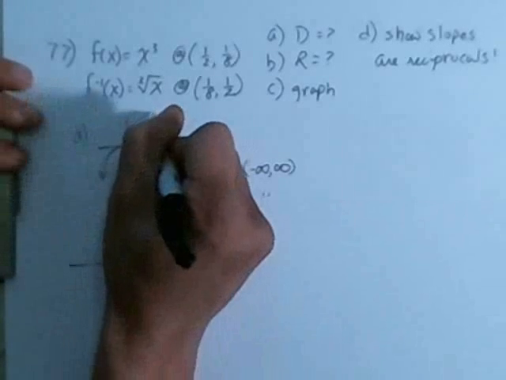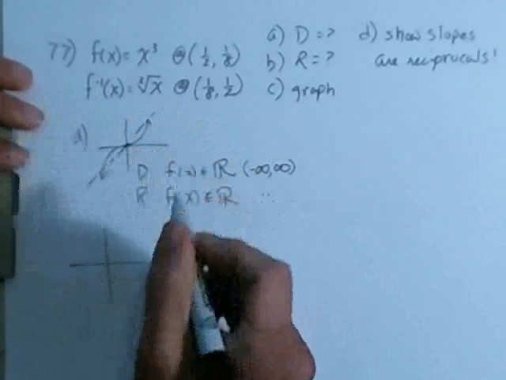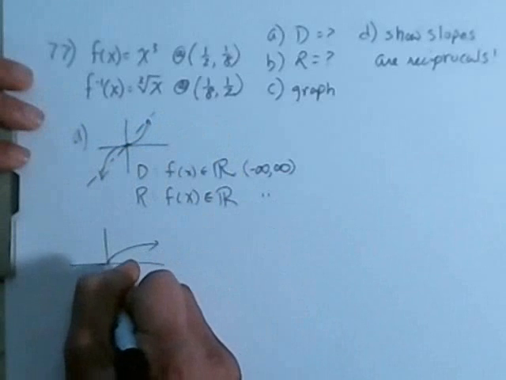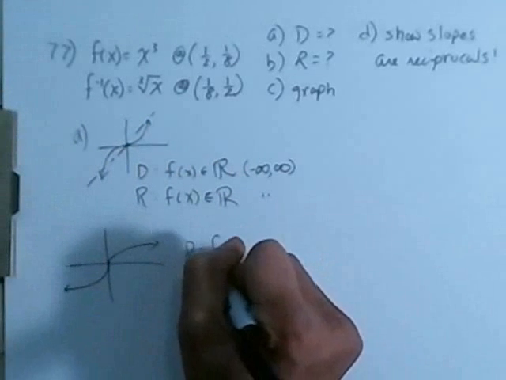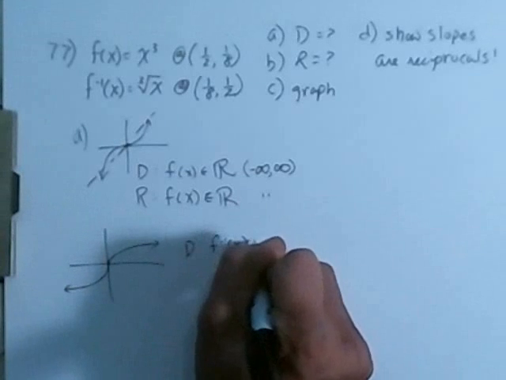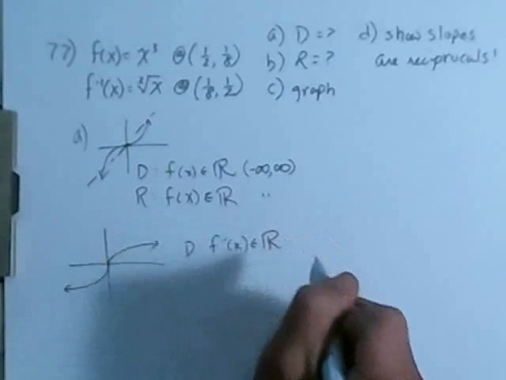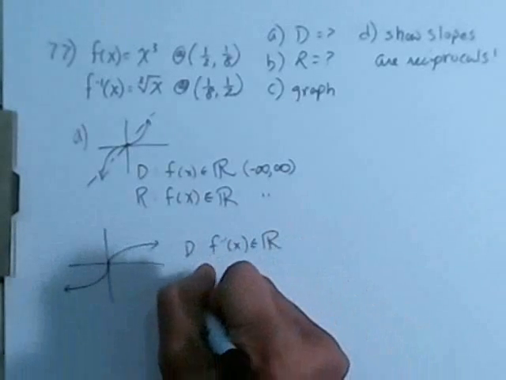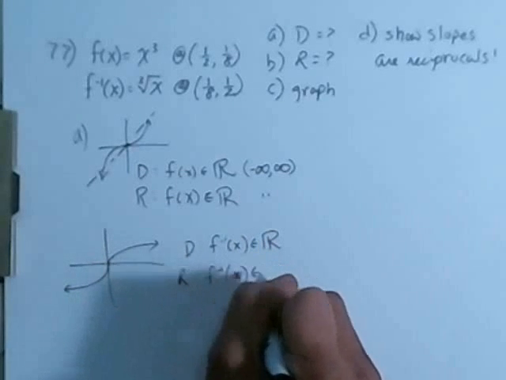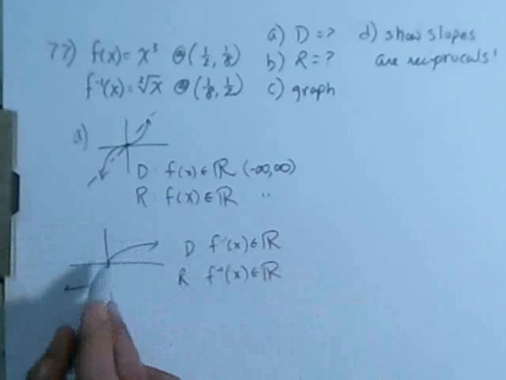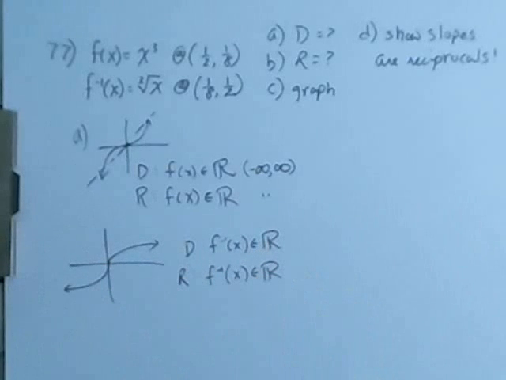Ditto here as well. We want to find the domain of the inverse function and the range. If we draw a line like this, the 45-degree line turns out to be this way. So the domain of the f inverse function is also the set of real numbers, and the range of f inverse of x is also the set of real numbers because it can go up and down in the y direction forever and ever.